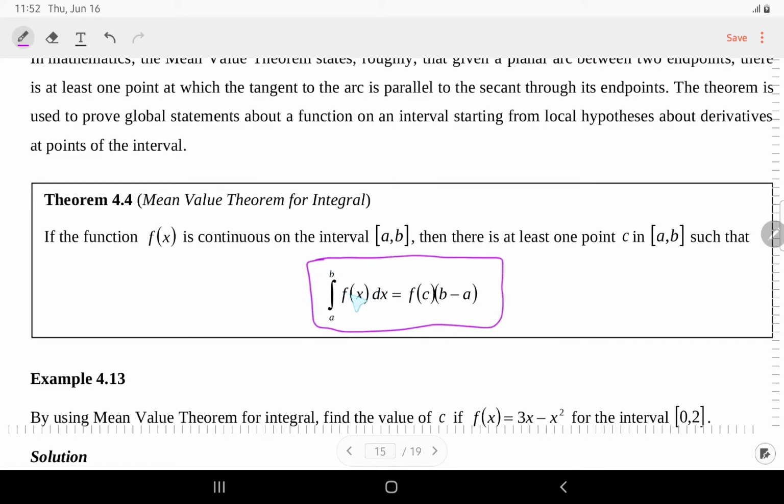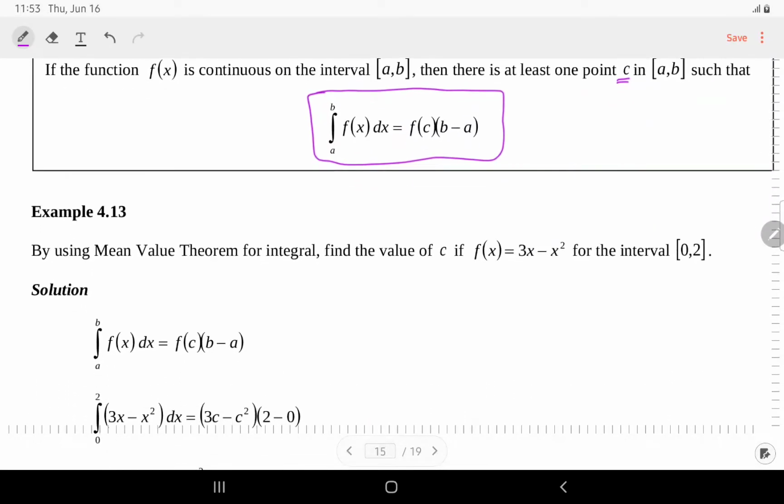For the integral of any function, the lower limit is a and the upper limit is b, it will be f(c), the function f with variable x replaced with c. What is c? c is a point between a and b, and then times b minus a, upper limit minus lower limit.